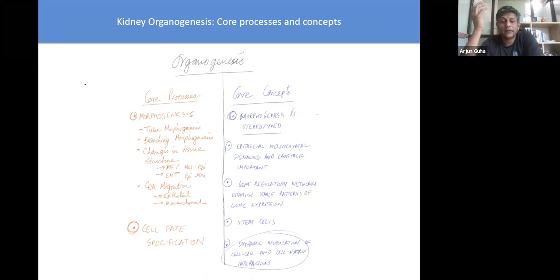So it turns out that the liver is again very different from the lung, and it's more similar to the kidney in terms of its mechanism of branching morphogenesis than it is to the lung. So what happens in the liver is very simple. There is a collection of cells which are epithelial in nature that undergo an epithelial to mesenchymal transition. There is a layer of extracellular matrix, and this begins to speak to the question that Utkarsh asked also, that surrounds the distal tip of this hepatic bud, if you will.